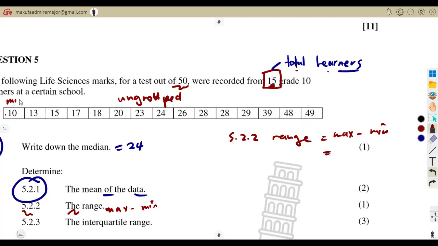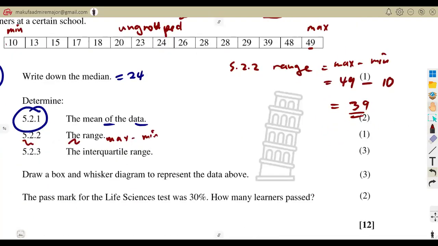This is the minimum, this is the maximum. These values are already in order of size, as you can see. The maximum value obtained was 49. The minimum was 10. So the difference, which is the range, was going to give us 39.